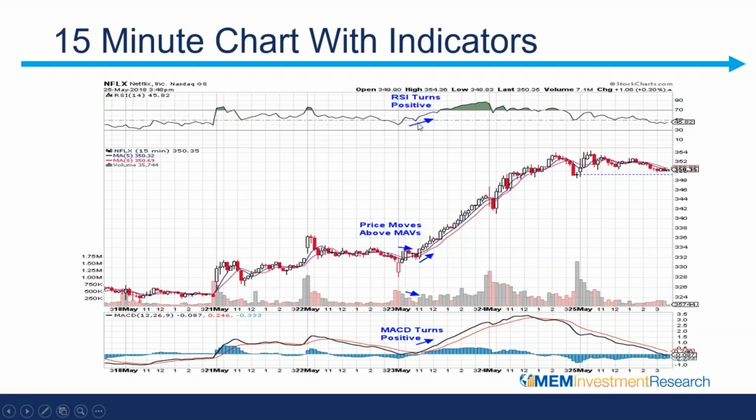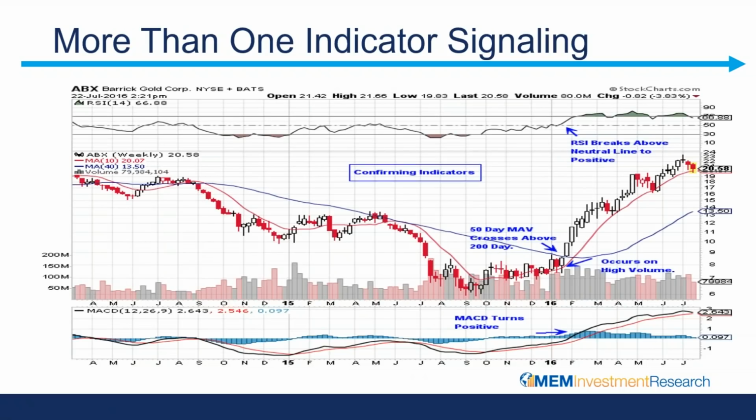We are again using the RSI turning positive, your MACD turning positive. I've added the volume characteristic here. And so the stock, as long as everything is positive, enters into this uptrend, and it is still above that net neutral, but you are getting signals that the uptrend at the very least is pausing. So I did want to point that out to you.